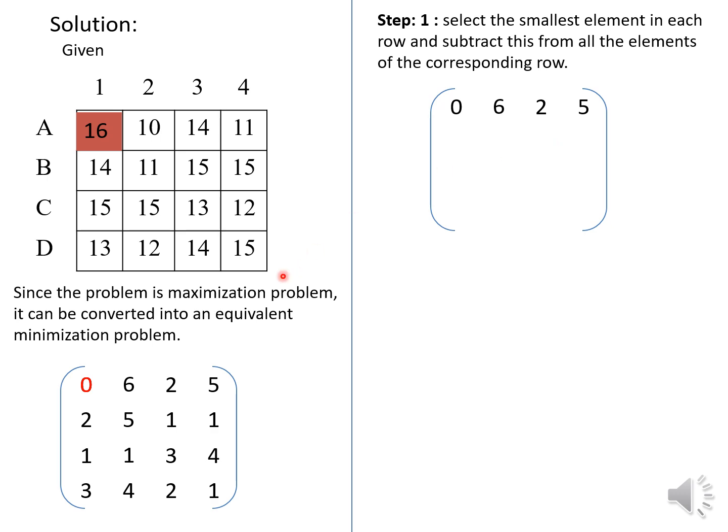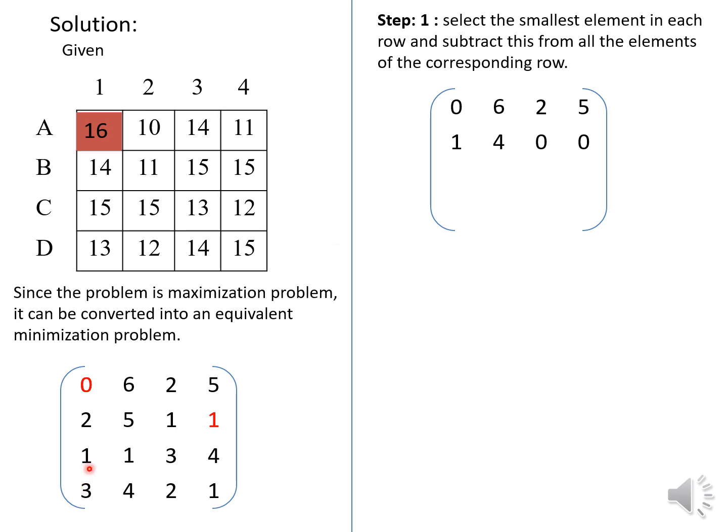In the second row, the least value is 1. So we select 1 and subtract 1 from each and every element of the row. Therefore 2 minus 1 is 1. Then 5 minus 1 is 4. 1 minus 1 becomes 0. Again 1 minus 1 becomes 0.